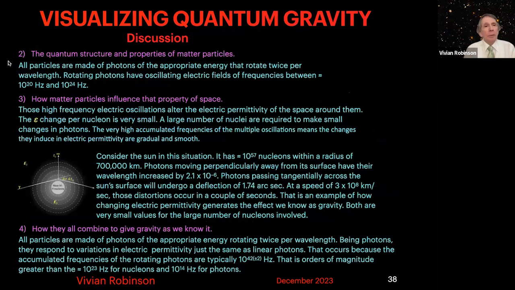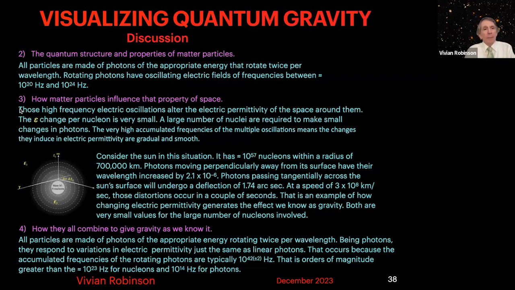And point 2, all particles are made of rotating photons of the appropriate energy that rotate twice per wavelength. Rotating photons have oscillating electric fields of frequencies between 10^20 and 10^24 hertz. That is the quantum structure of properties of matter particles as applicable to this study of gravity.